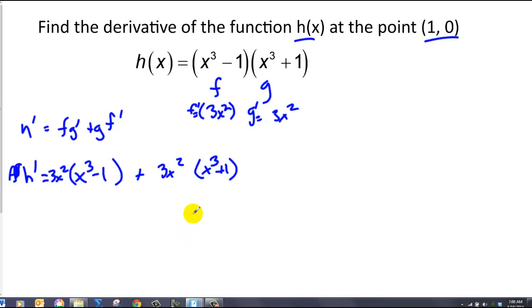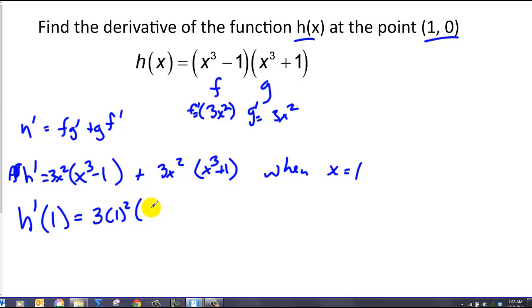And what I want to do is find my derivative value when x equals 1. So rather than clean all this up, I'm just going to plug a 1 in. I'm going to find h prime at 1. So in this case, I have 3 times 1 squared minus 1 times 1 plus 3 times 1 squared times 1 plus 1.